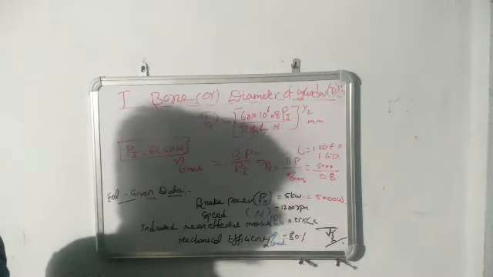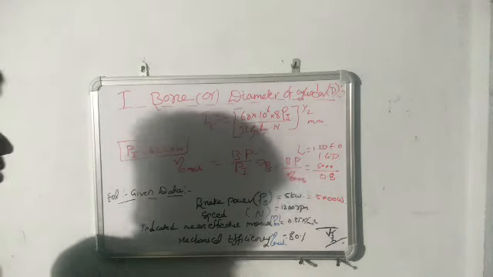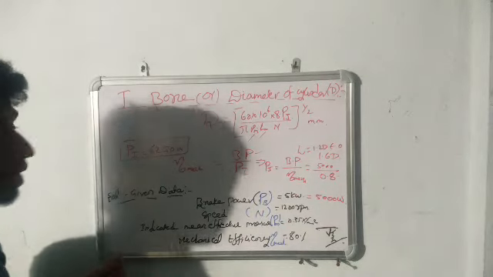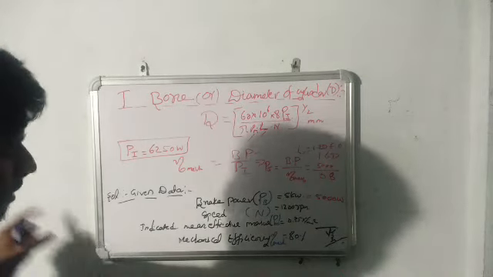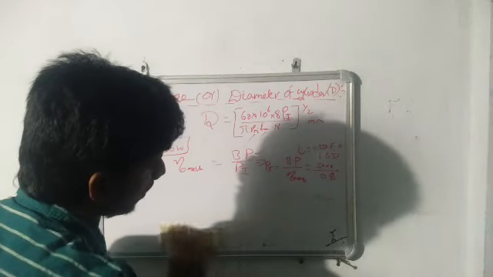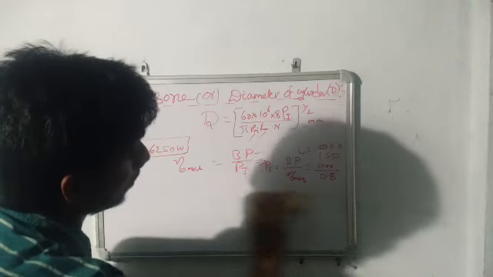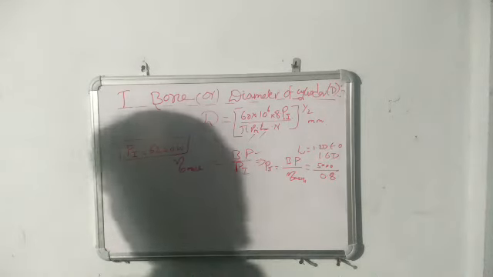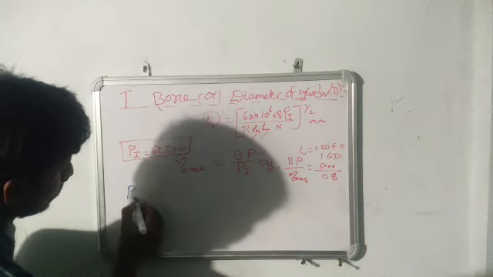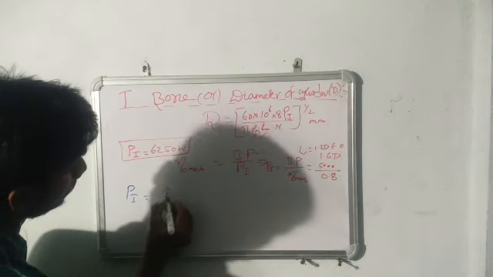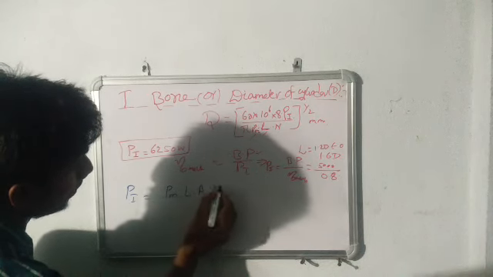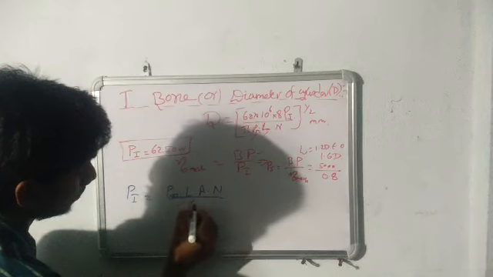Or in another form, we can also derive the diameter of the cylinder, that is our regular form, with the help of the formula for indicated power. Generally P_i equals P_m into L into A into N by 60.